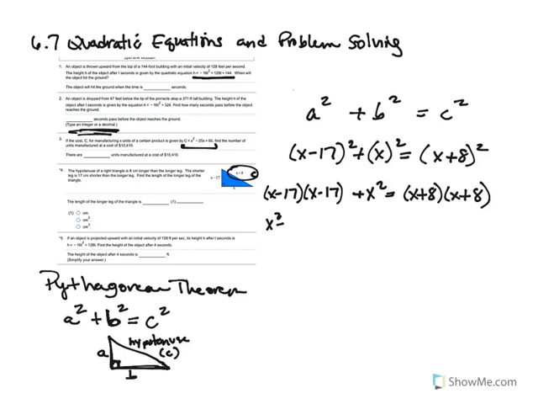So x squared, 17 times 17, 64. We have to simplify as much as possible.